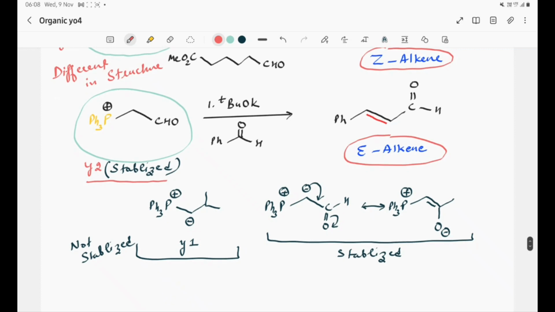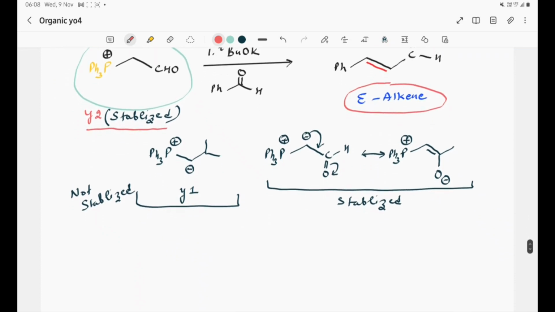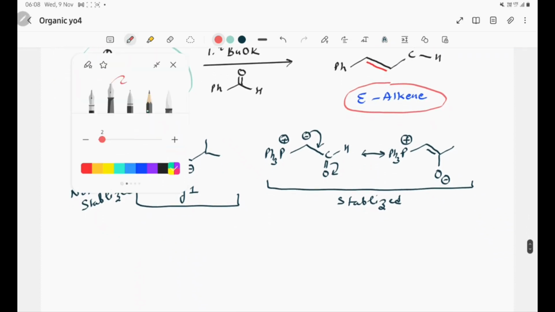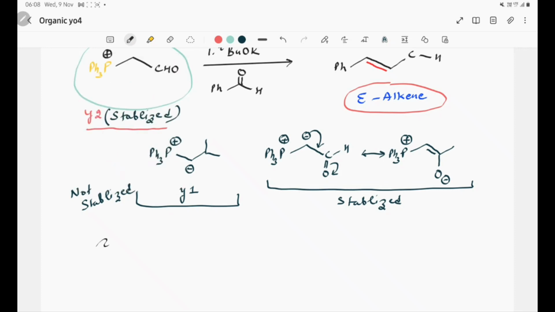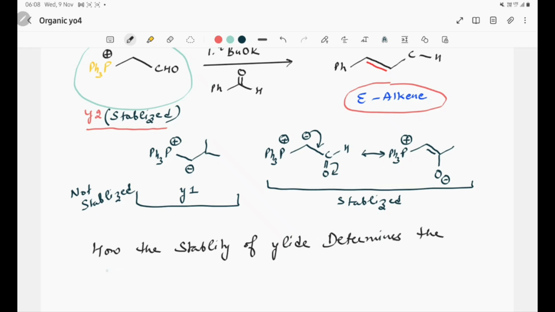So now the next question arises, how does the stability of ylide determine the stereochemistry of the final product?